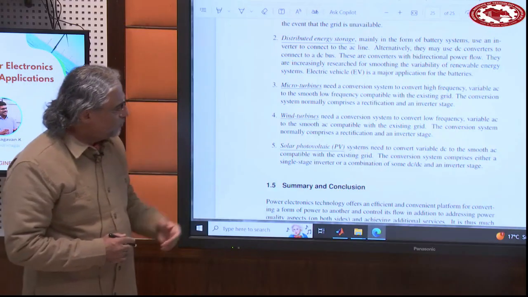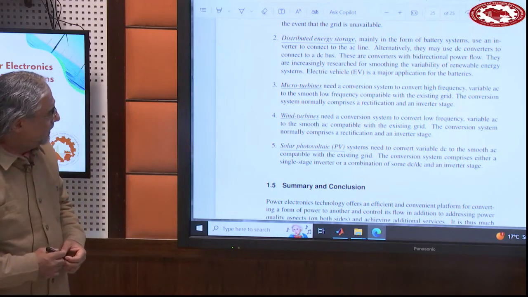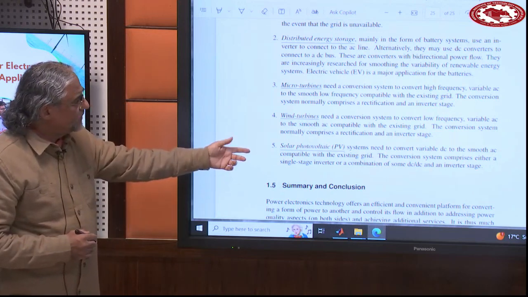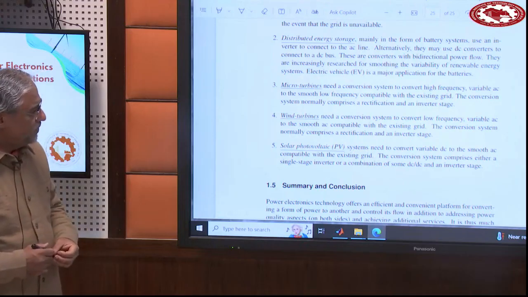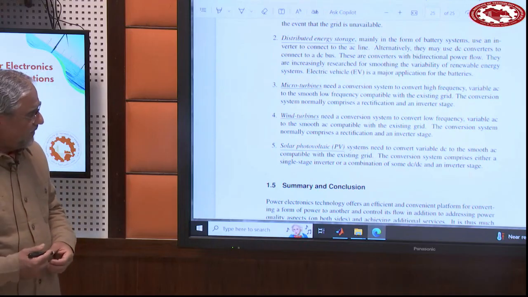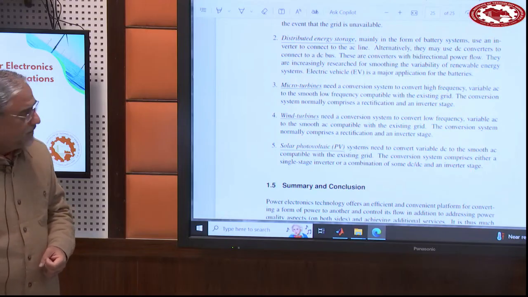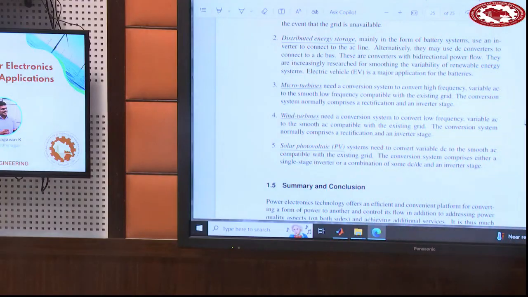And then solar photovoltaics generate DC power. These are basically the only ones that directly generate DC, right? If you want to connect to the AC power grid, you need an inverter to convert that to AC. Okay, so that is basically a summary of this chapter.